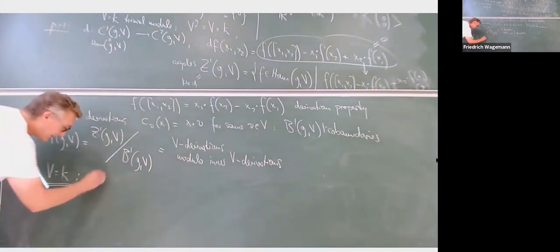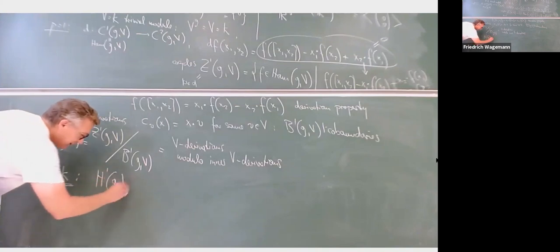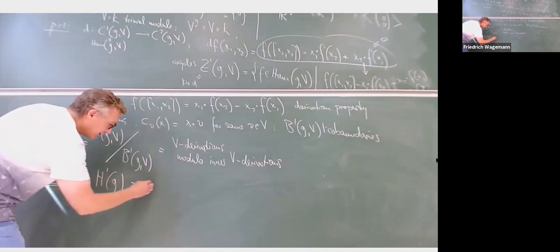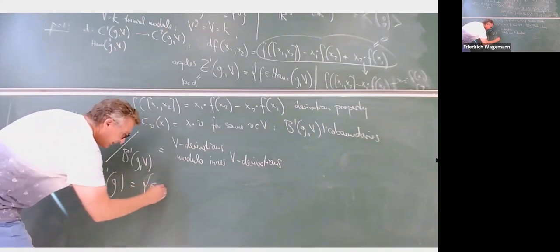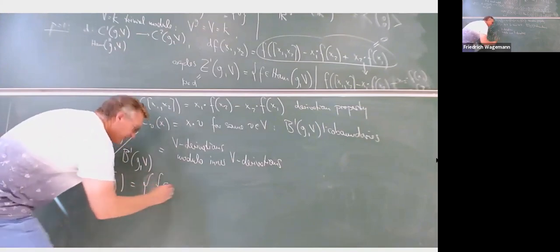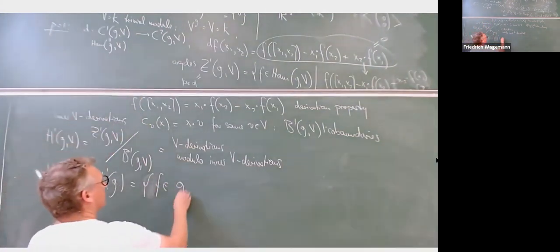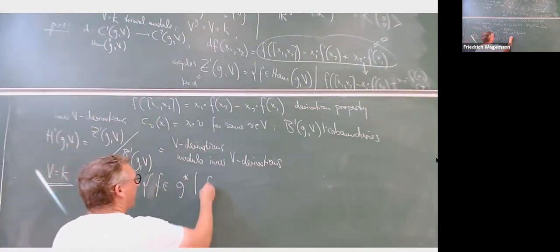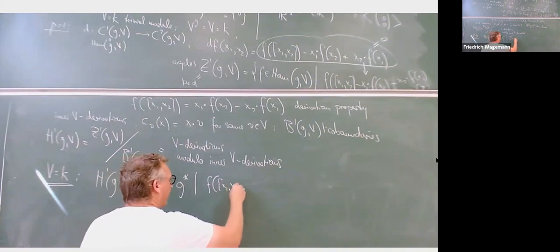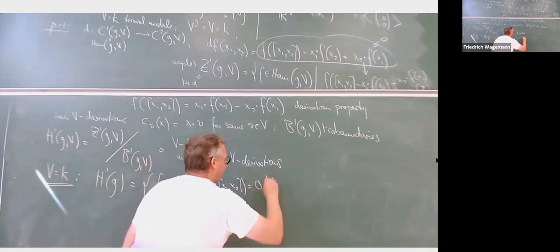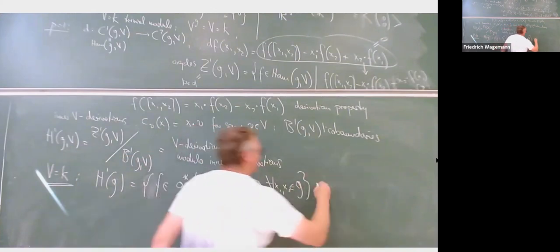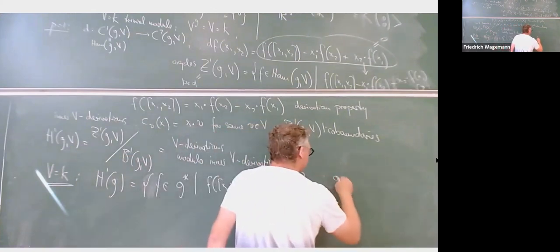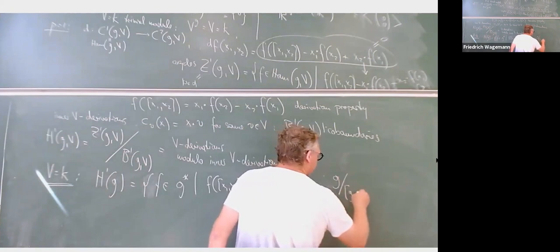Yeah, so H1 of g is just the f in g star, dual of g, such that f of [x1, x2] is 0 for all x1, x2 in g. So this is just the dual of g over [g, g].